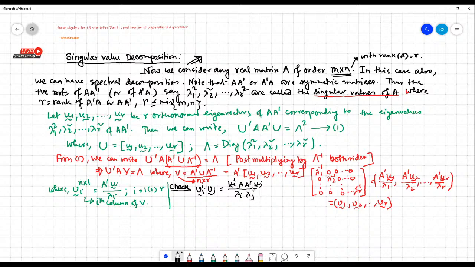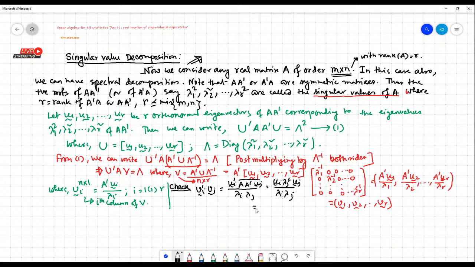Since lambda 1 square, lambda 2 square, lambda r square are the eigenvalues of A A prime, and U1, U2, Ur are the eigenvectors of A A prime corresponding to eigenvalues lambda 1 square, lambda 2 square, lambda r square, this portion gives Ui curl prime lambda j square Uj curl by lambda i lambda j.